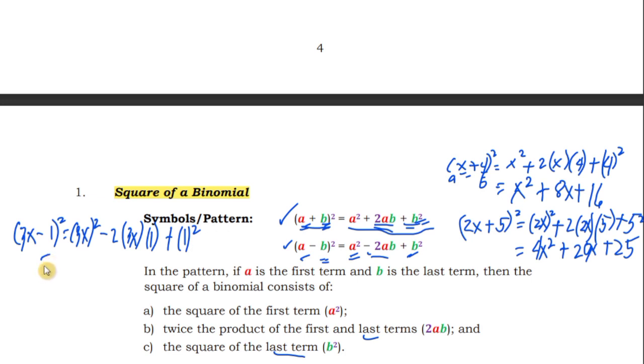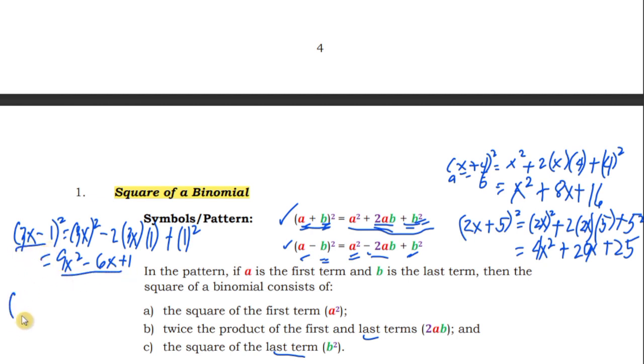So we have the square of 3x, and that is 9x squared. 2 times 3x is 6x, times 1, which is 6x, then plus 1. That is how we answer this problem.